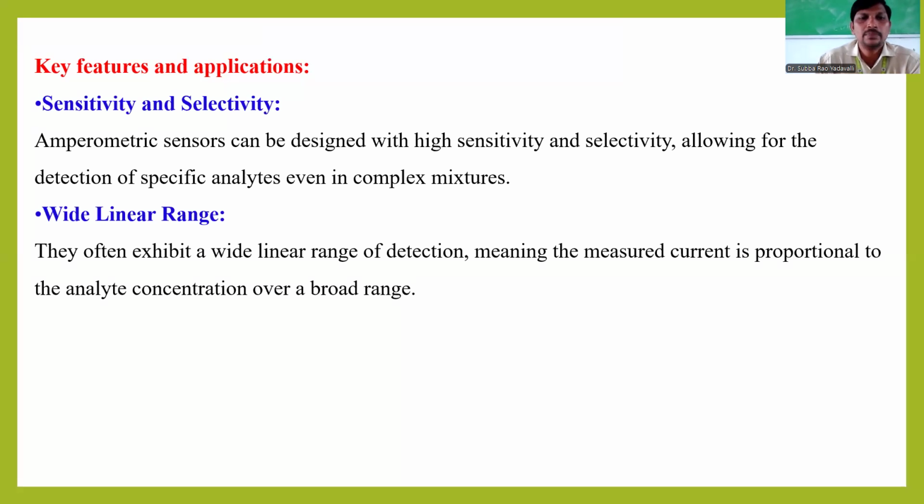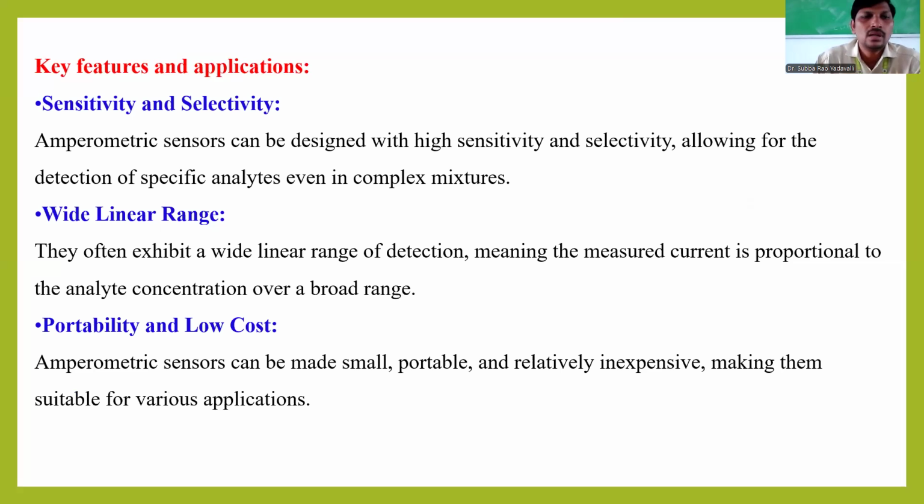They often exhibit a wide linear range of detection, meaning the measured current is proportional to the analyte concentration over a broad range. And the next one, portability and low cost. Amperometric sensors can be made small, portable, and relatively inexpensive, making them suitable for various applications.